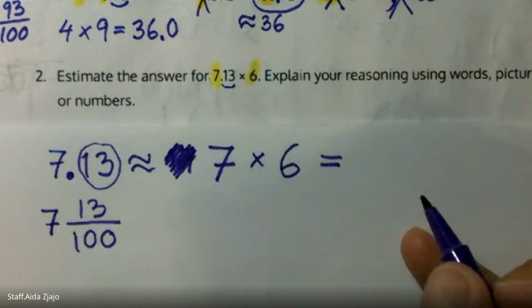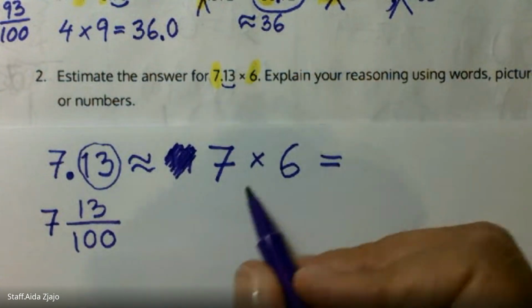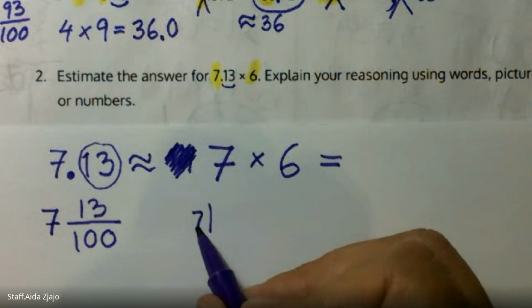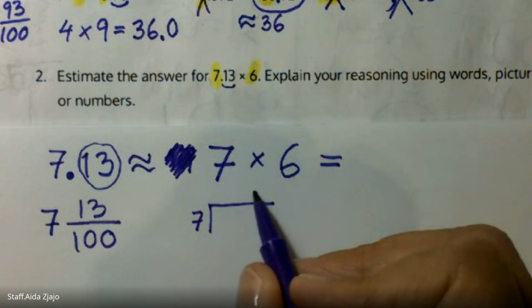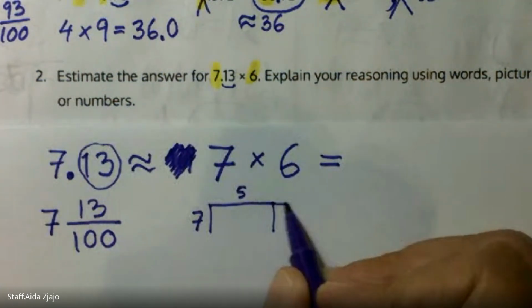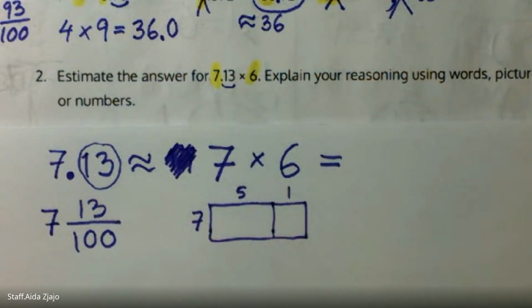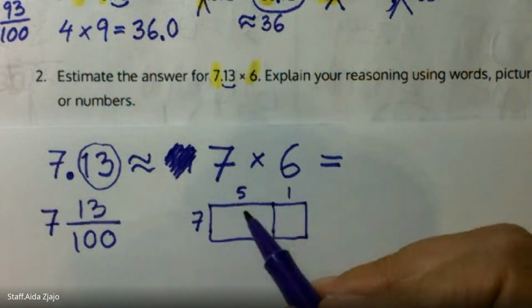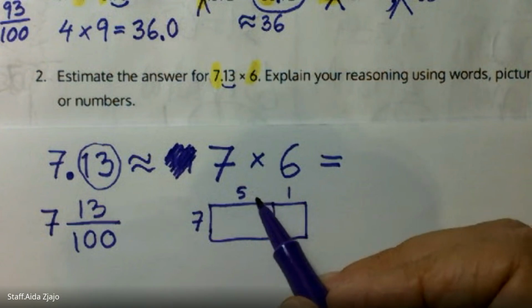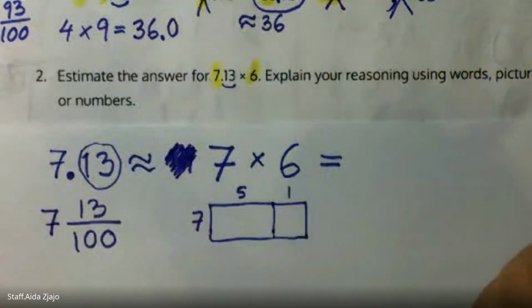So sometimes kids don't know what 7 times 6 is, but then you can use an area model. Same thing. I'm going to regroup 6 into 5 and 1. I'm going to do 7 fives and skip count by 5: 5, 10, 15, 20, 25, 30, 35.